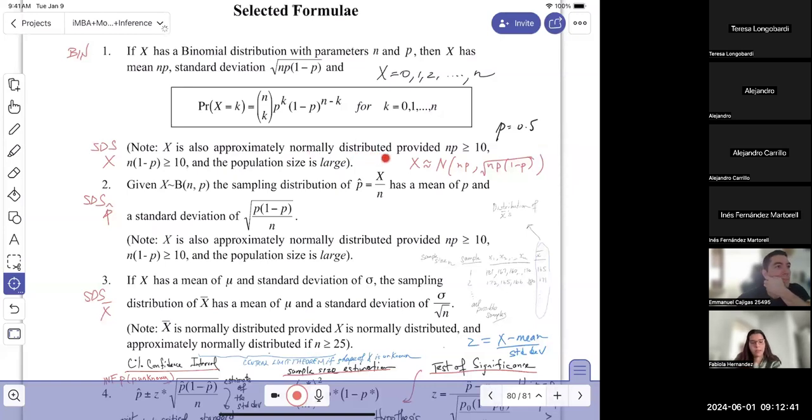What does normally distributed imply? How would you say what's normally distributed if somebody asked?